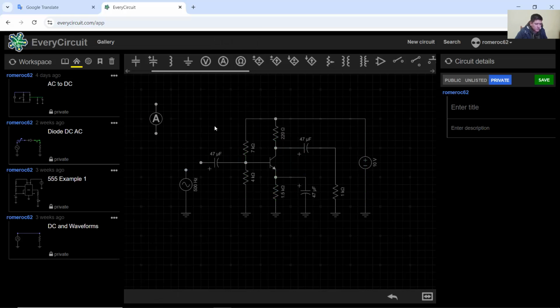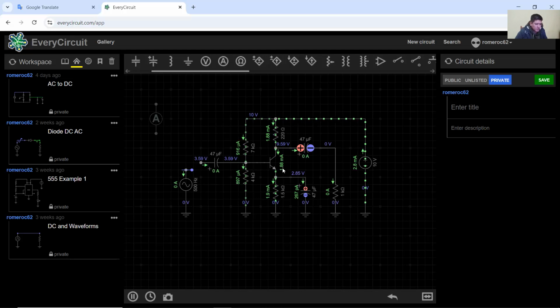And also I want to know the voltage between the collector and emitter. And when you run time domain simulation, I don't know what is the voltage between collector and emitter.